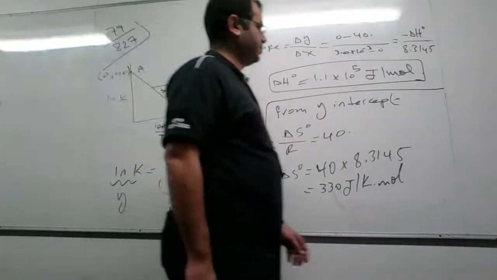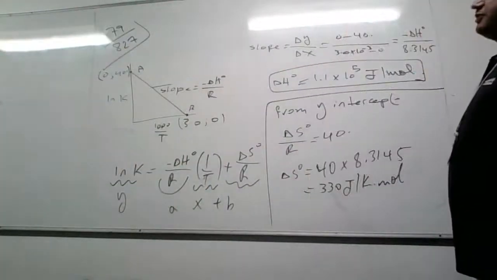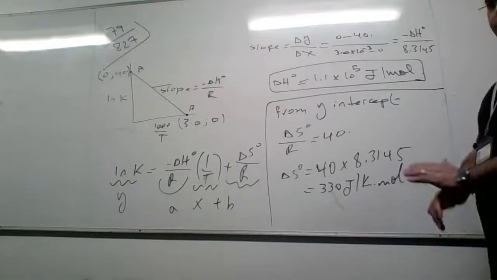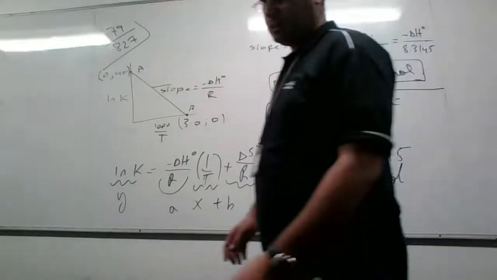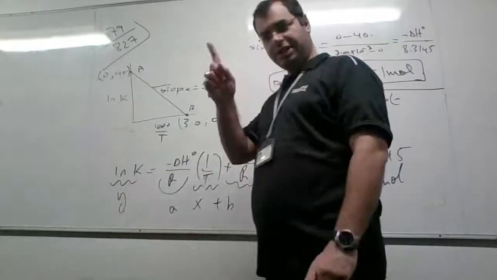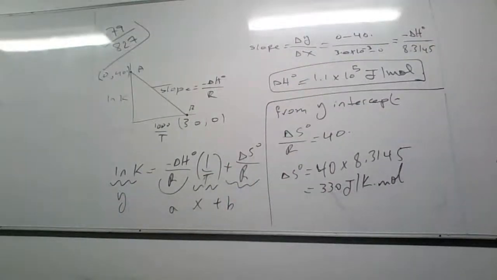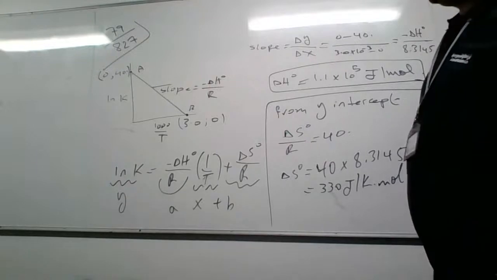Guys, what would be the shape of the curve if it was an exothermic reaction with delta S positive? It will be increasing, right?